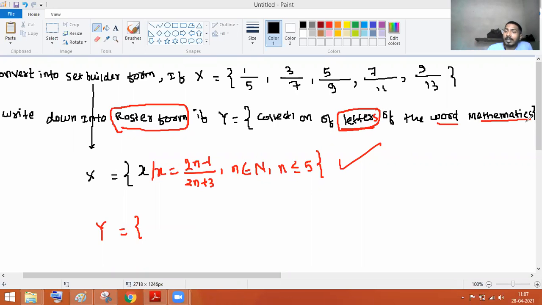So collect all the letters. And what is the key concept of roster form? Each term must be separated with a comma. So m, then a, then t, then h, then e, then m, then a, then t, then i, then c, then s.